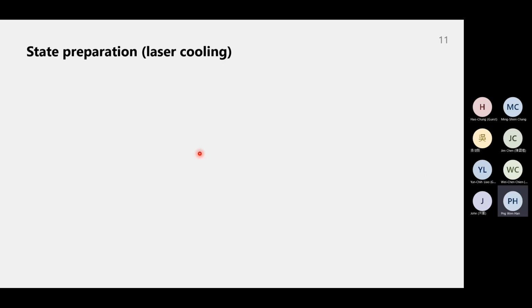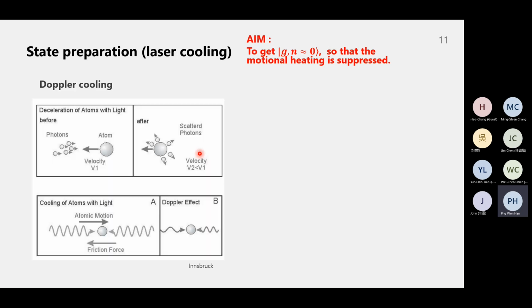Okay, so for laser cooling, the aim is to prepare a ground state with relatively low phonon numbers, so that the motional heating is suppressed. Here I will introduce 2 kinds of cooling. The first is Doppler cooling. Basically we are using light to decelerate the atoms or ions.